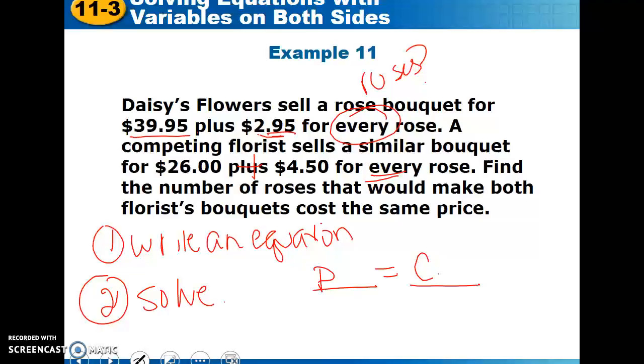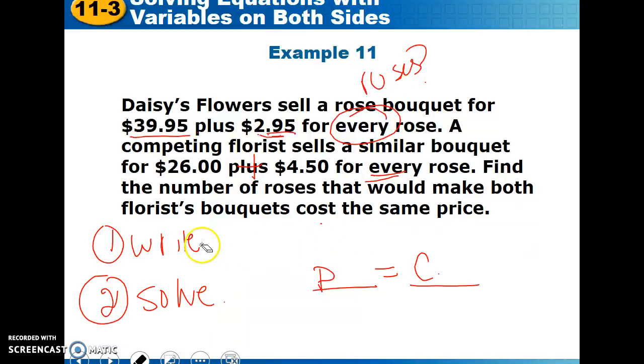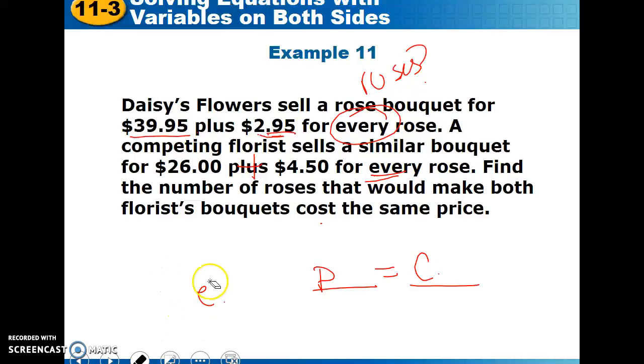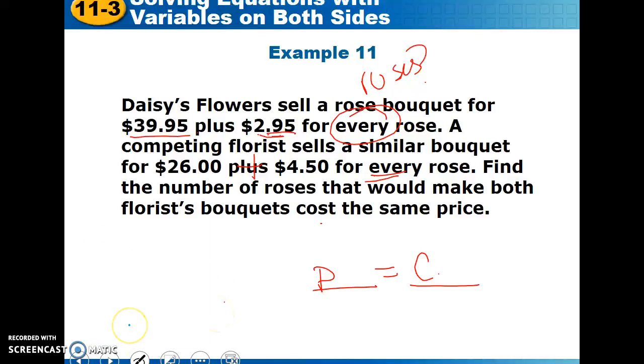So let's write an equation for Daisy's Flowers, knowing that it's $39.95 plus $2.95 for every rose. Well, again, we don't know how many roses. So let's use R for the number of roses.